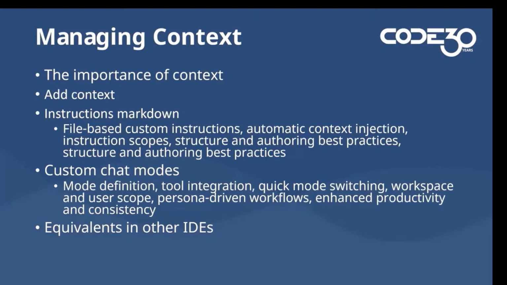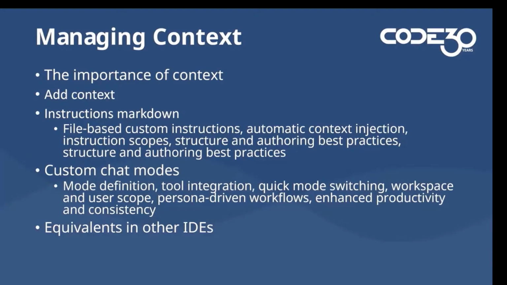Once you close the session, then all that context disappears and you can start fresh. The context will default to the files that are open in the editor, but you can add additional context, which I'll talk about in a second, and you can define context in a more global way as well.